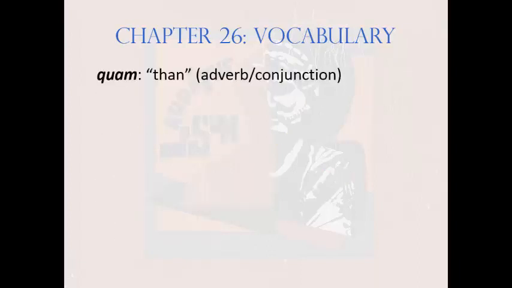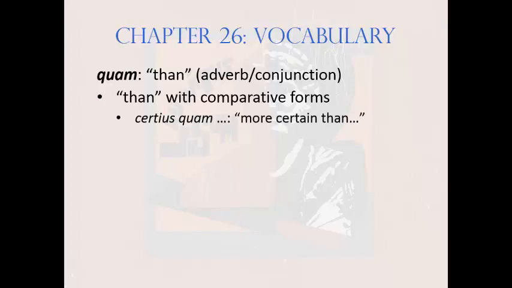The next word is quam, the word for than we studied above. It functions as an adverb or conjunction. The than sense exists only in the presence of comparative forms, such as certius quam, a thing more certain than. This is the construction we just studied, quam plus same case.